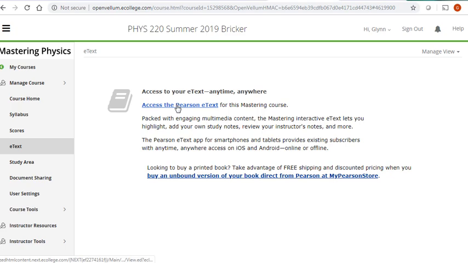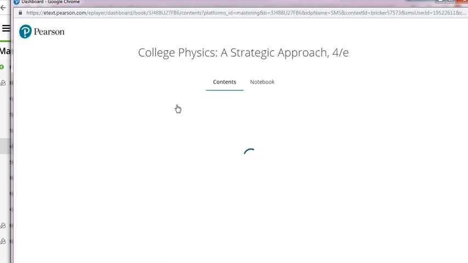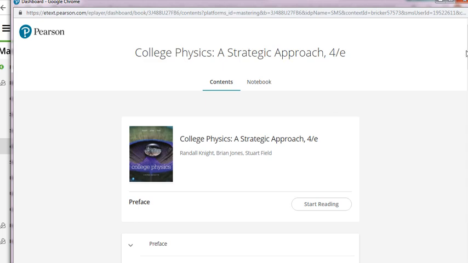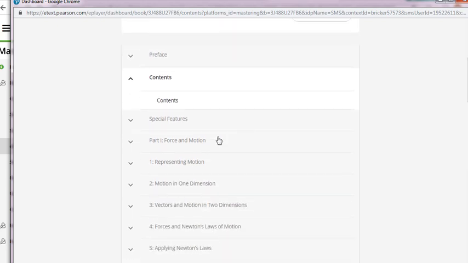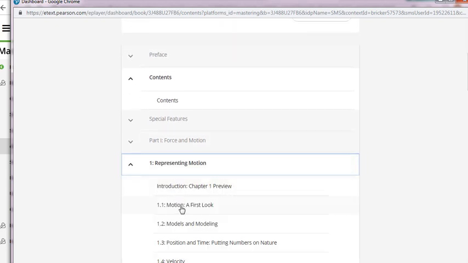Access Pearson e-text. So again, read through the chapters. It's really a pretty good setup. Show you what it looks like as it loads. Contents. Let me just start with chapter 1. First look.